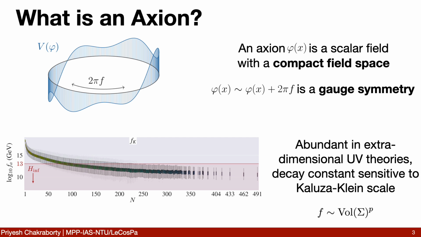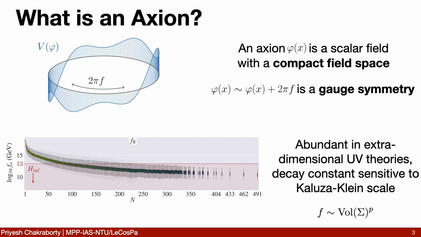I will adopt a basic definition, which is to say that it's just the field theoretical analog of a particle on a circle. That is, at each point in space, it takes values inside a circle, whose size is parameterized by its so-called decay constant f. So it's an important constant in characterizing the physics of an axion.